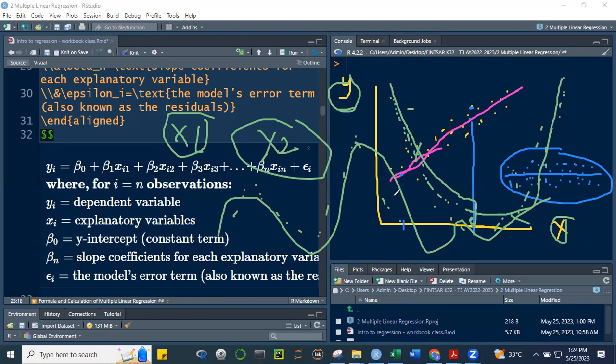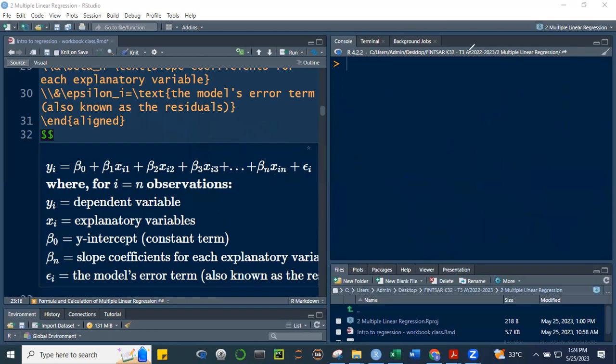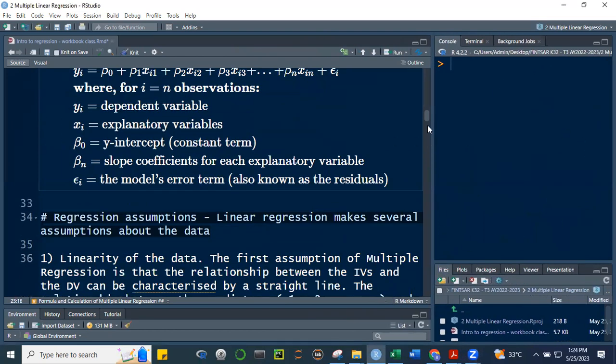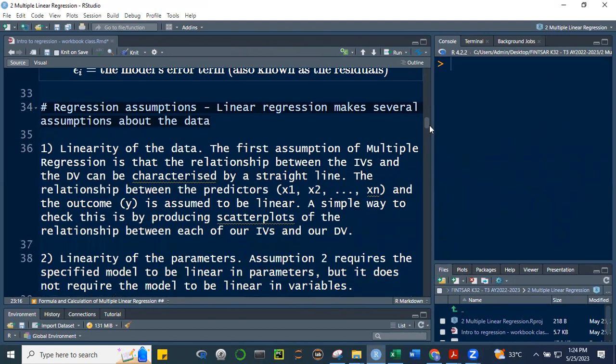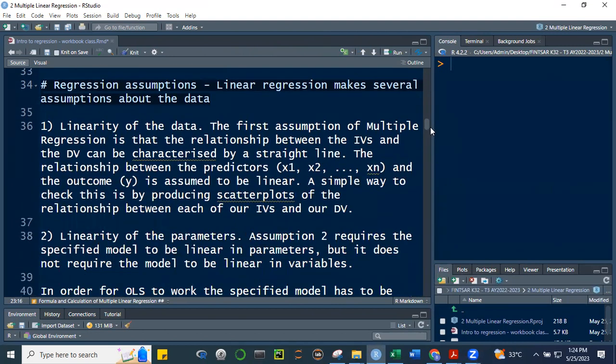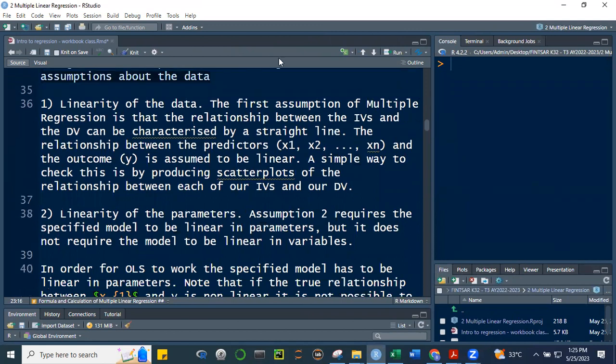So again, repeat, gusto natin linear relationship. Linearity of the data means we want the independent variables to be correlated with the dependent variable, but not the independent variables with each other. Okay? So clear yun, please? Klaro ba yung explanation dun sa unang assumption? Okay, thank you. All right.